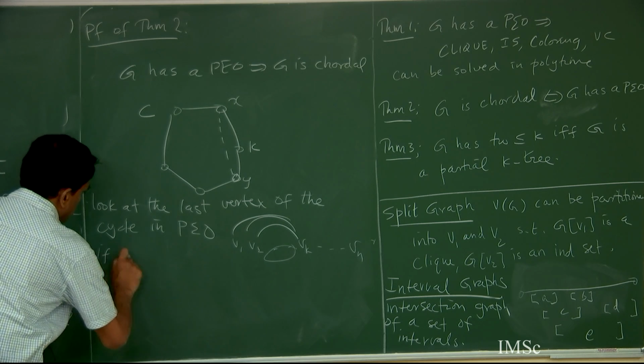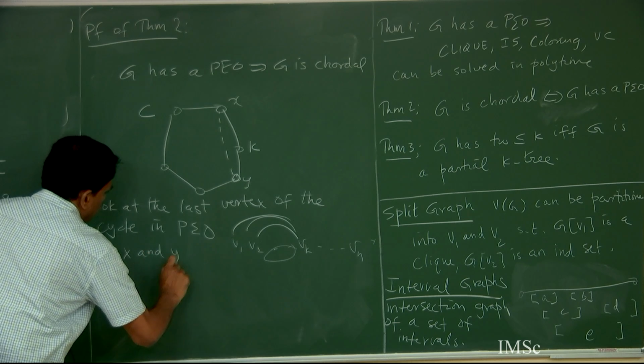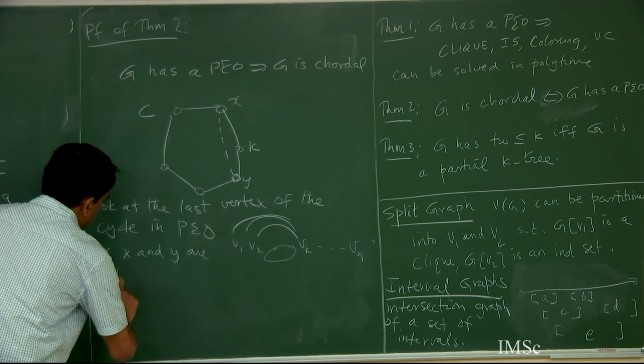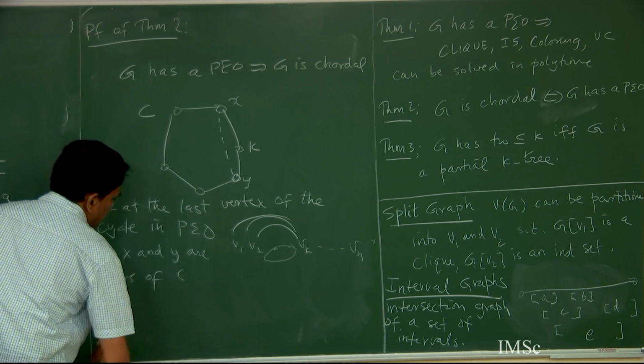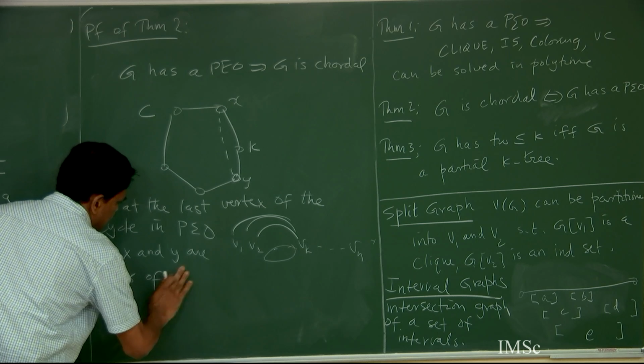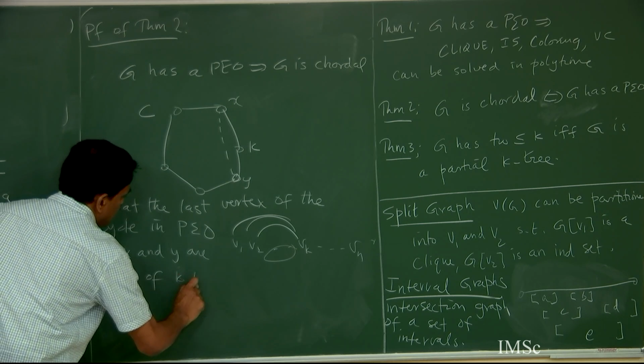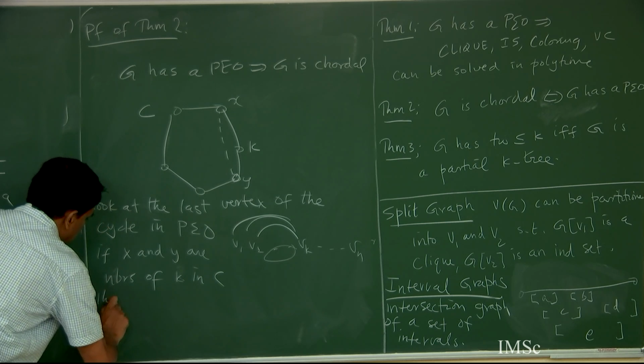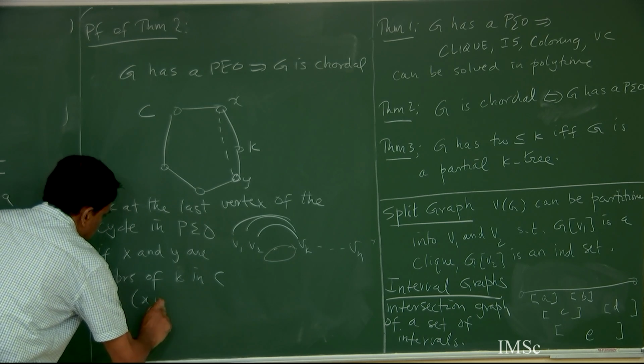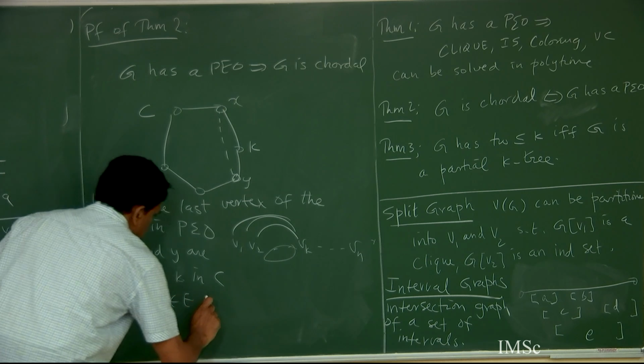If x and y are neighbors of k in C, then xy is an edge which is a chord.